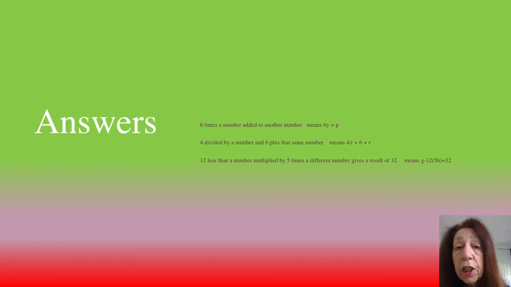This is g minus 12, because 12 is less than that number, multiplied by 5 times a different letter. So it's got to be in the parentheses. But it's a different letter, different number. Equals, gives a result of, is equals 32. If you have trouble with that one, it's okay. This takes practice.